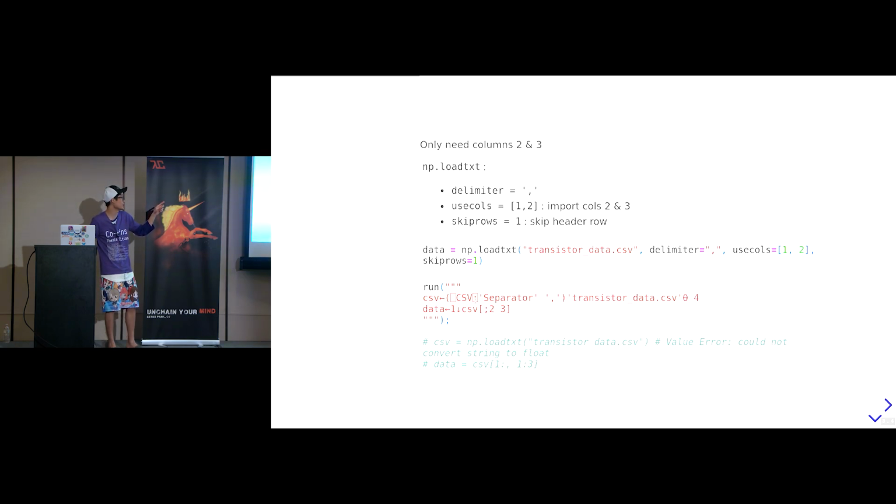But yeah, so we take in the CSV as a whole. We are not trying to modify anything. Then we index into columns 2 and 3 of the CSV, and drop the header row. We just do what we want. We don't need to specify it in an option.